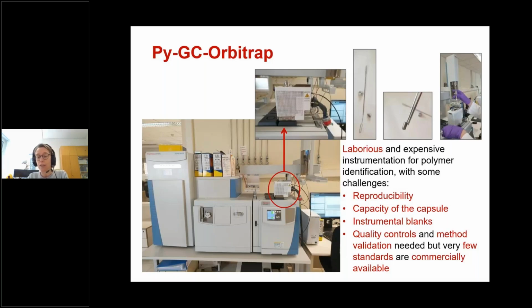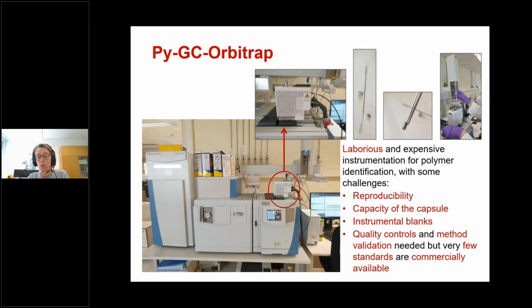One also has to take into account the capacity of the capsule. This capacity is 80, it can be 50 or 80 microliters. It's very small, so it means that everything in our analytical procedure has to be made small and without losing any of the plastics present in our samples.